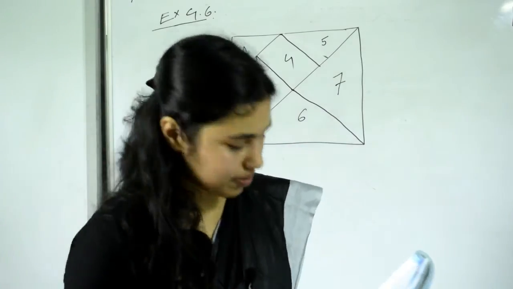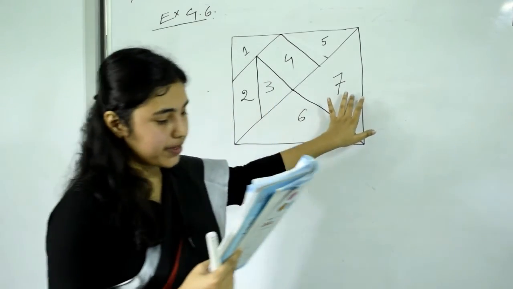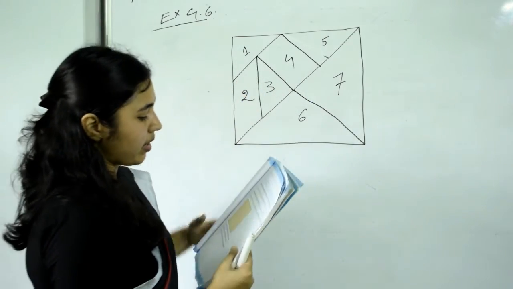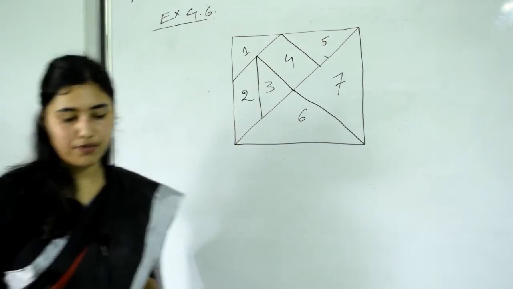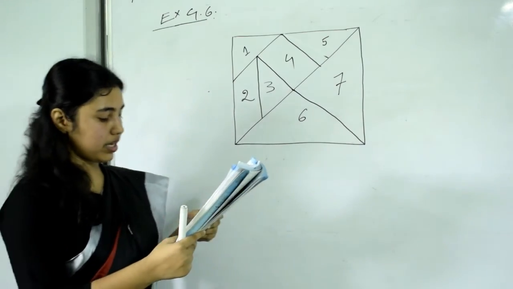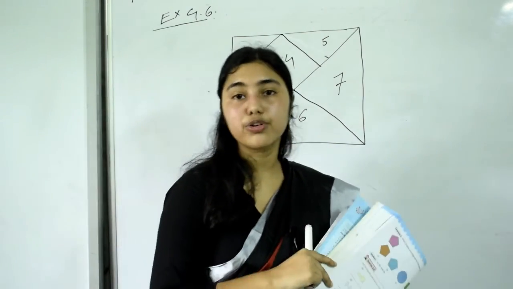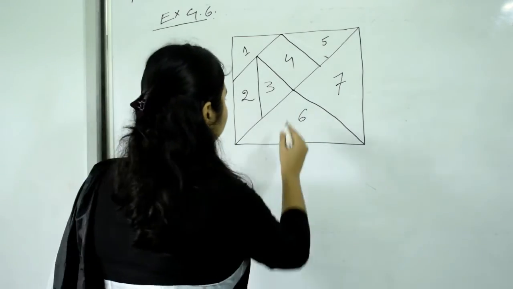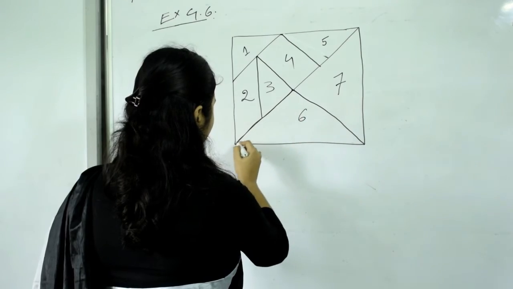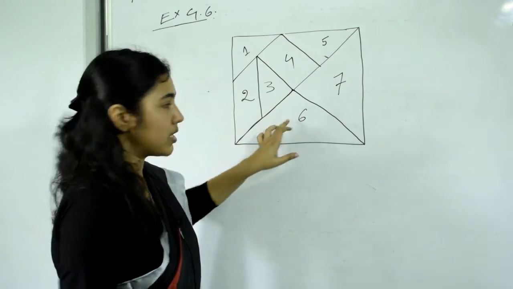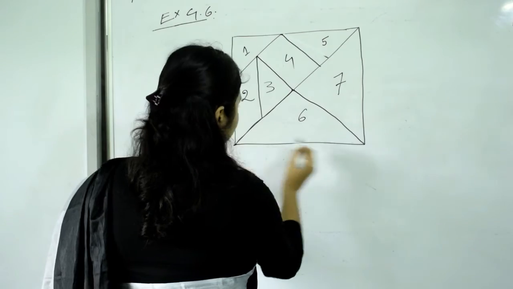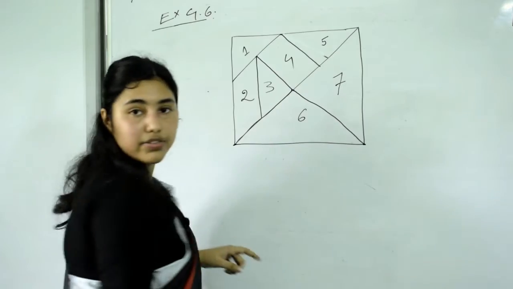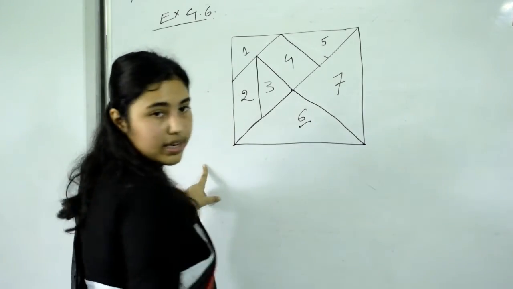Now come to your question number 5. Here look at this figure. Look at the pieces of the tangram and answer the questions that follow. Our first question is, which piece is congruent to number 6? Now look at the shape of number 6. Number 6 has 3 vertices and 3 sides, right? So this is a triangle.